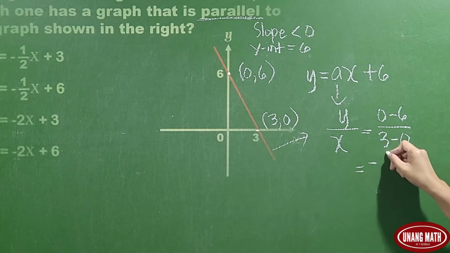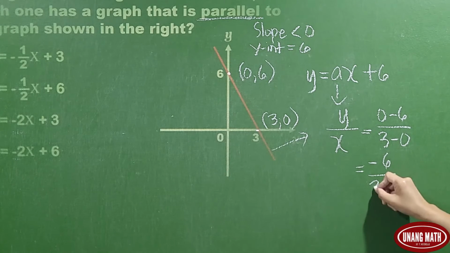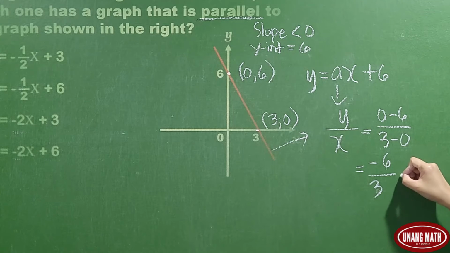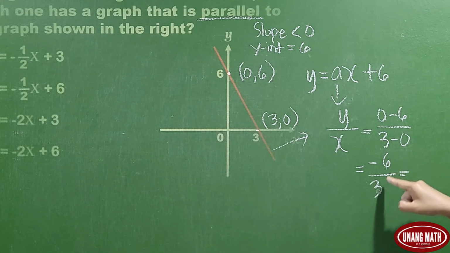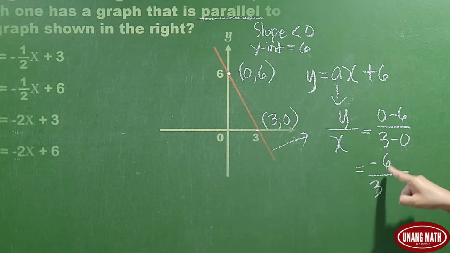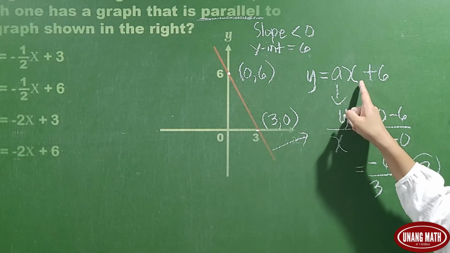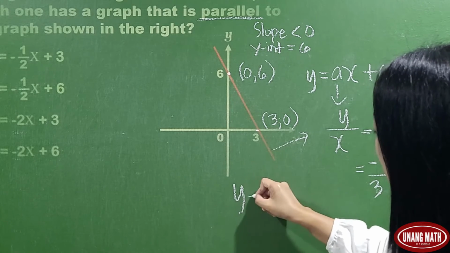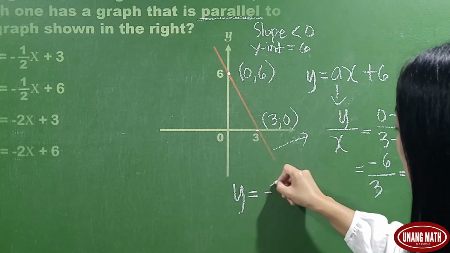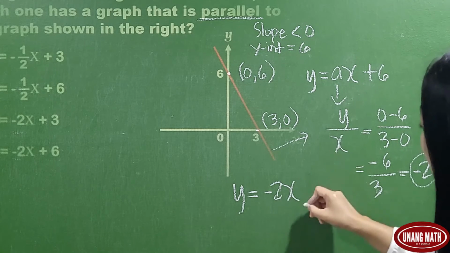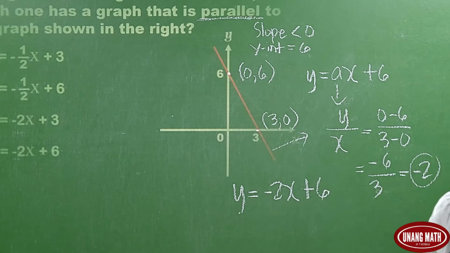So this is negative 6 over 3, or negative 6 divided by 3. Then that means our slope is negative 2. So our linear function now is y is equal to negative 2x plus 6.